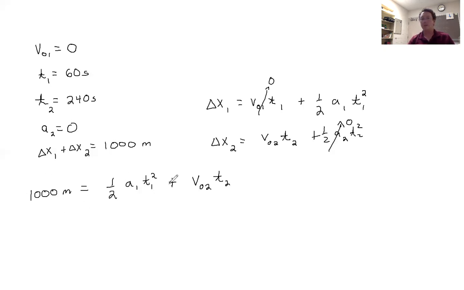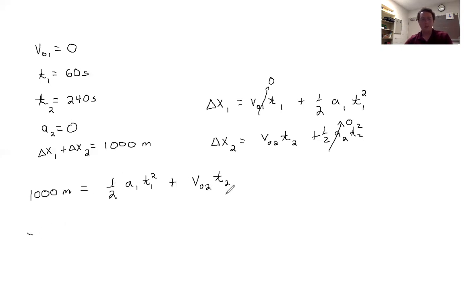I know the times, those are given. It's 1 minute and 4 minutes. And I don't know the initial velocity for part 2. So is there a way I could figure that out? And of course there is, because the initial velocity for part 2 is nothing other than the final velocity for part 1.